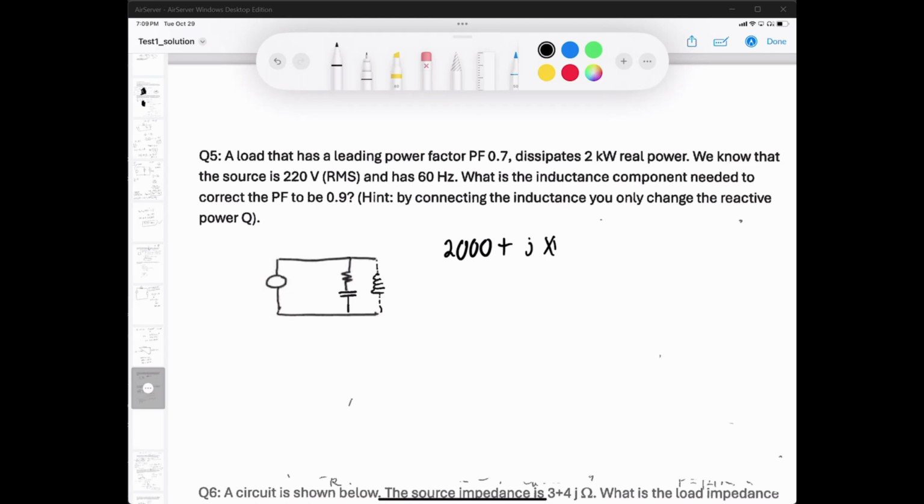So when you grab the cosine, we know the cosine of the angle of the voltage minus the angle of the current is equal to the power factor.